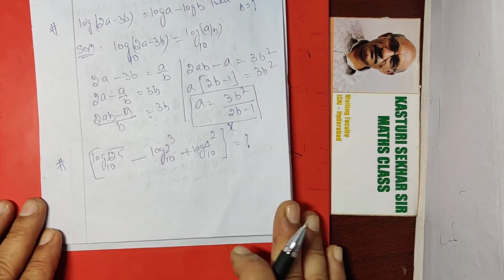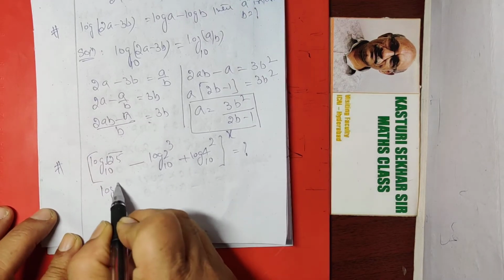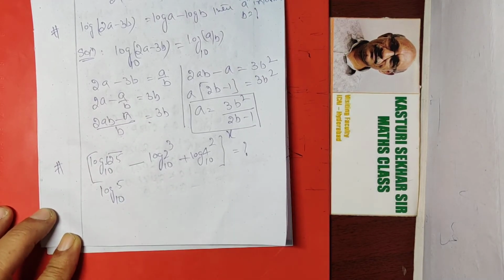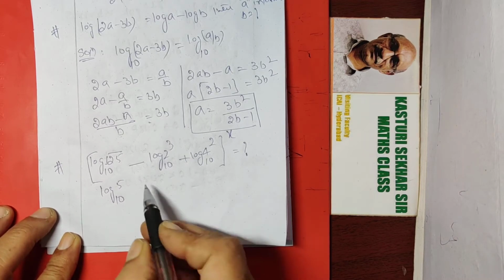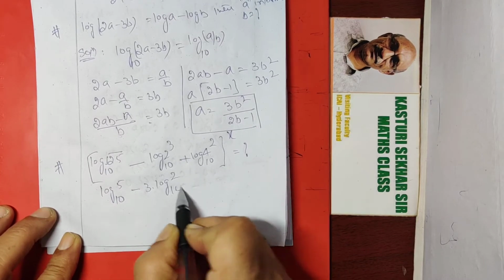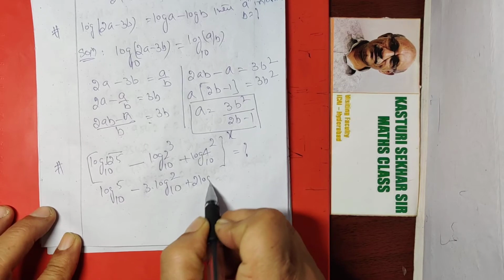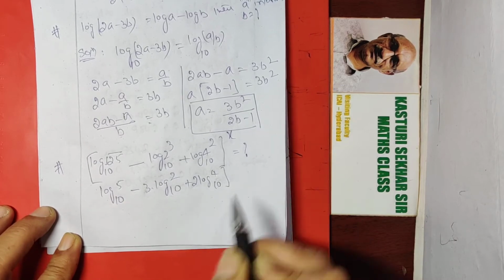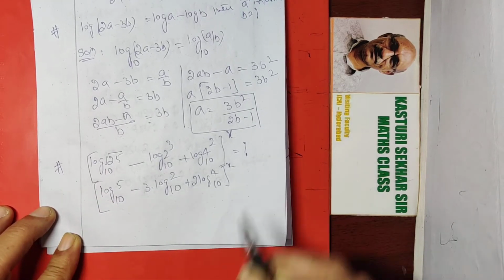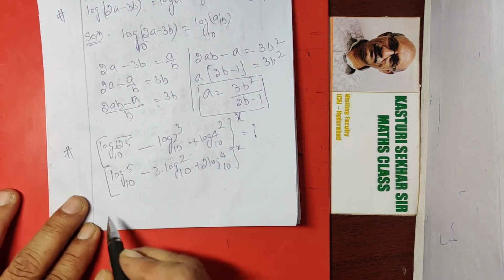Root 25 can be written as 5. So log 5 to the base 10, 3 into log 2 to the base 10, 2 into log 4 to the base 10, whole to the power of x.